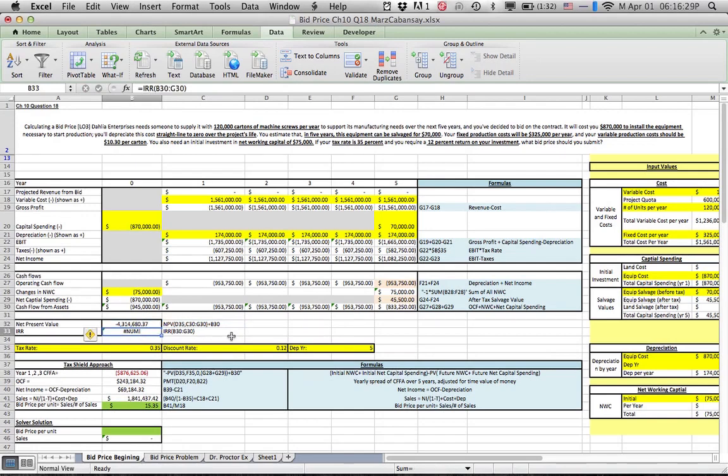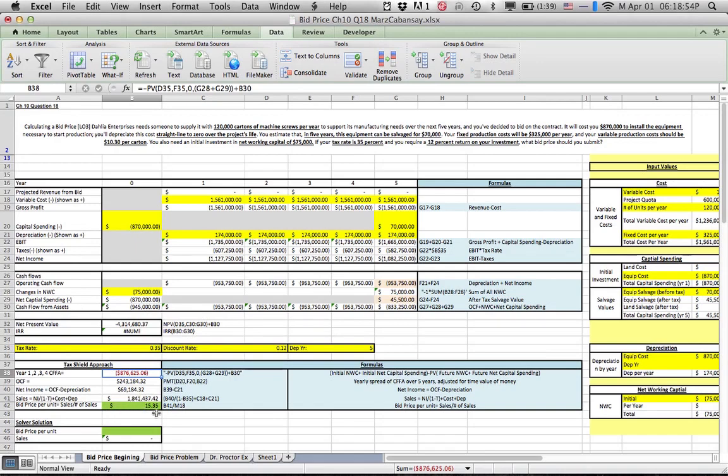And then our IRR, internal rate of return, which just looks at your cash flow from assets per year.